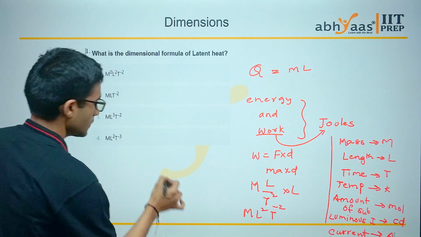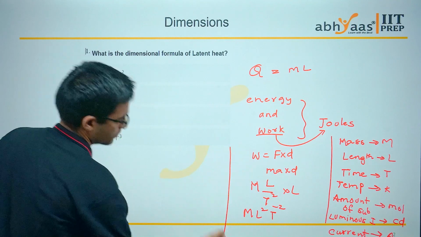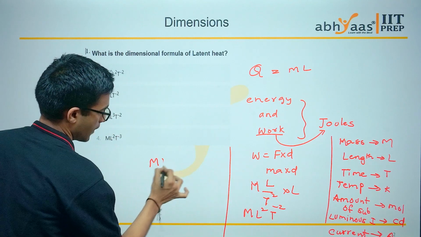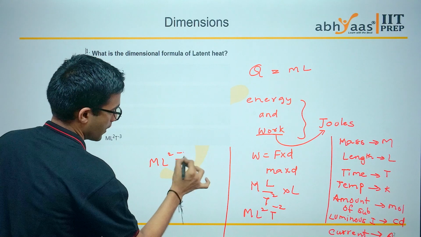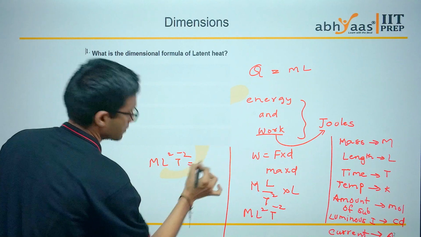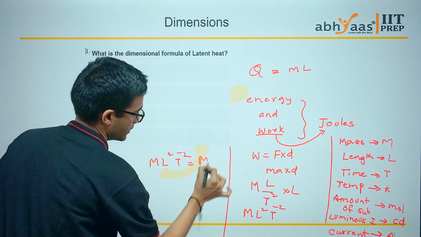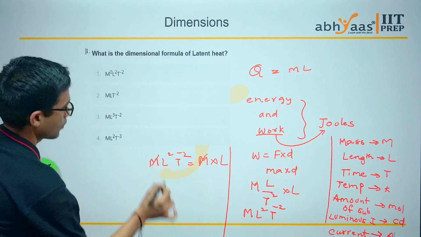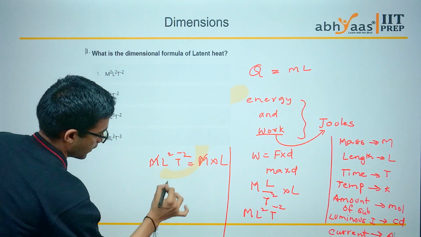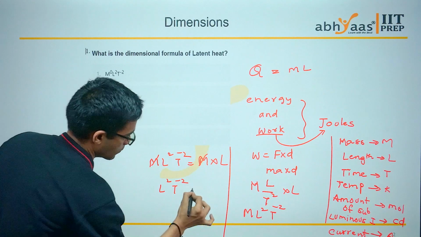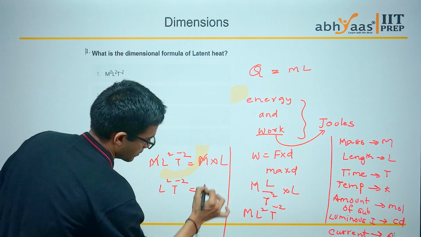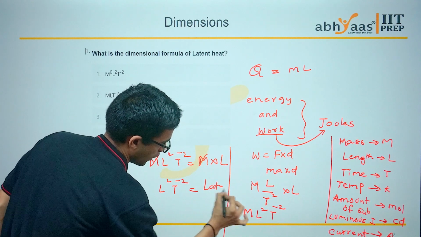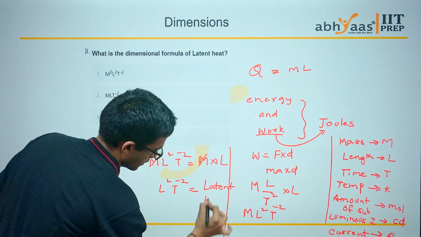So ML²T⁻² is equal to mass M into L, then M gets cancelled, and you get L²T⁻². That is the dimensional formula for latent heat.